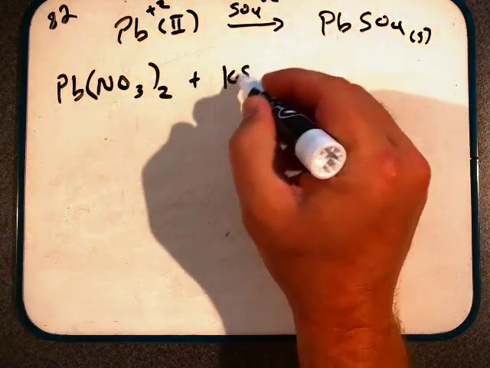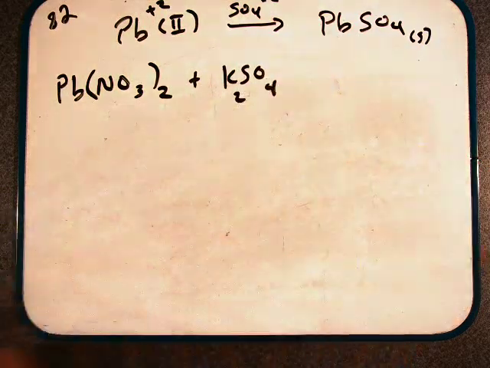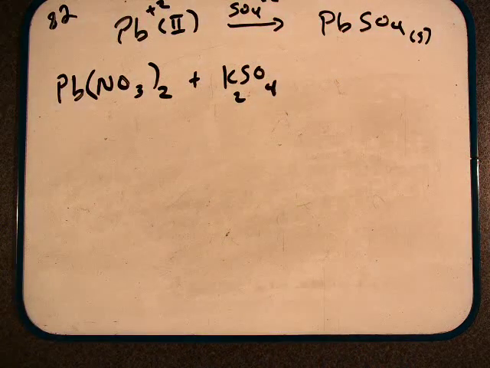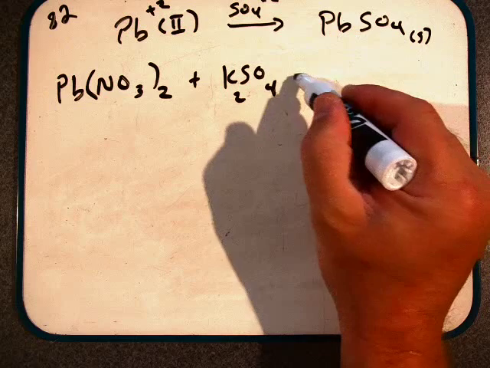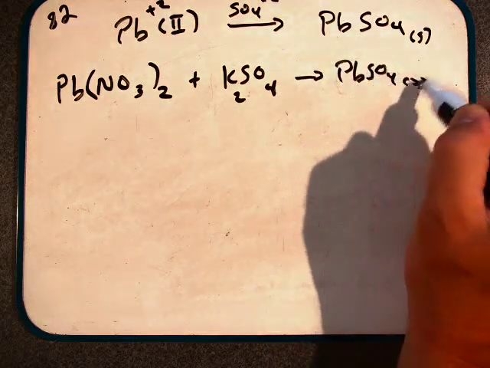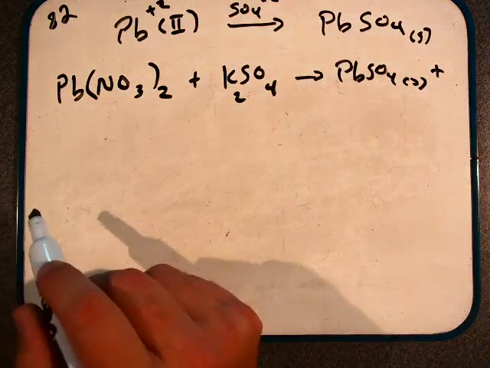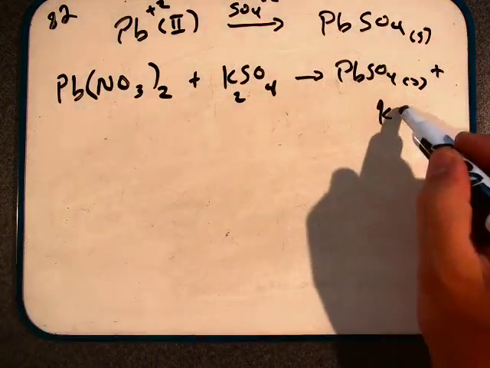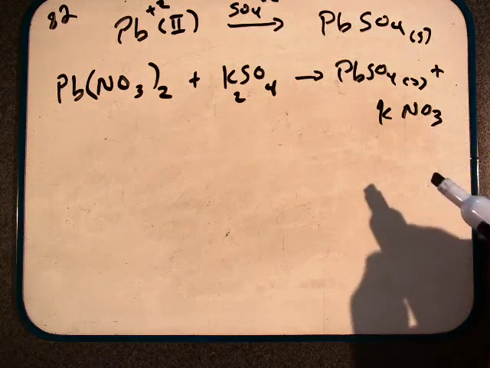So we're talking about reacting with potassium sulfate, and then that actually produces our lead sulfate as a solid, and it also is going to produce potassium nitrate.